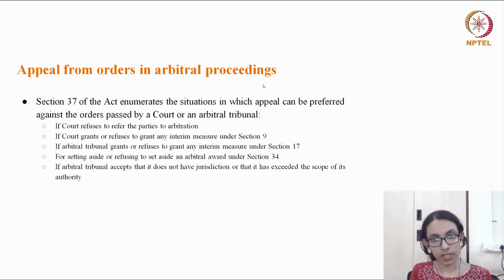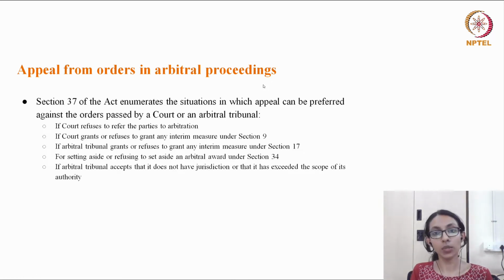Similarly, if the arbitral tribunal refuses to grant an interim measure or there is a dispute with respect to the interim measure that has been granted under Section 17, then an appeal can be preferred before an ordinary court with respect to this. An appeal can also be preferred against an order passed by an arbitral tribunal with respect to the setting aside or refusing to set aside of an arbitral award under Section 34.